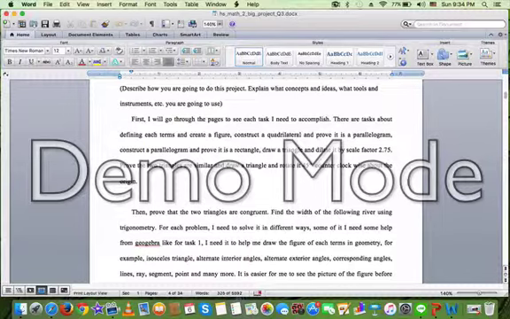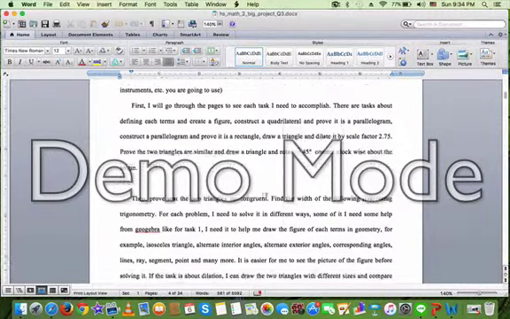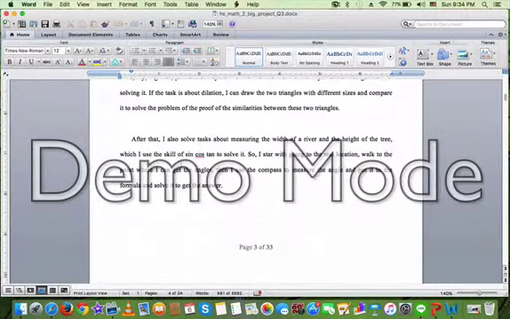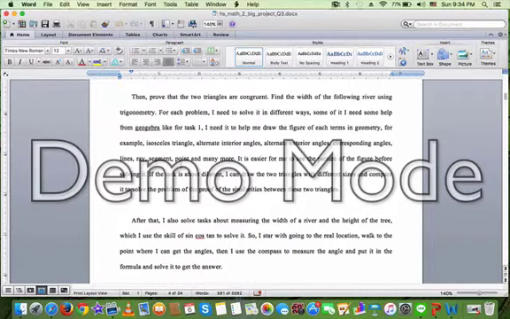First I will go through the pages to see each task I need to accomplish, and then try to figure out ways to solve the problems.